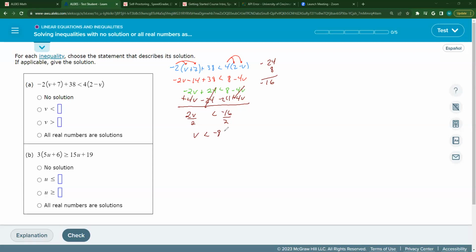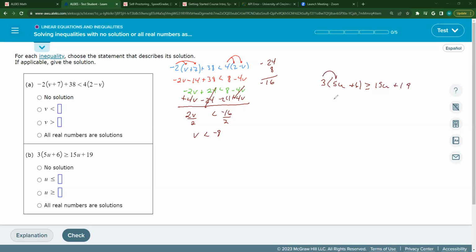It is a less than equation, so I would be choosing this choice, and we will type it in just a second. I do have to solve part B, which is 3 times 5u plus 6 is greater than or equal to 15u plus 19.